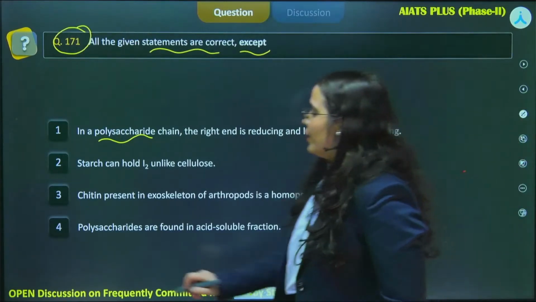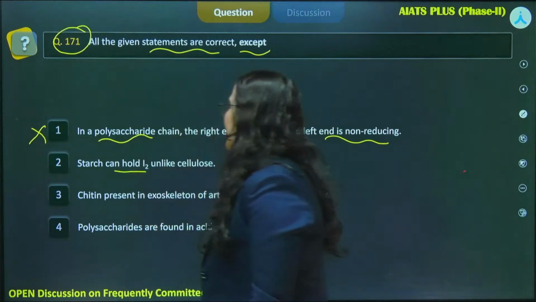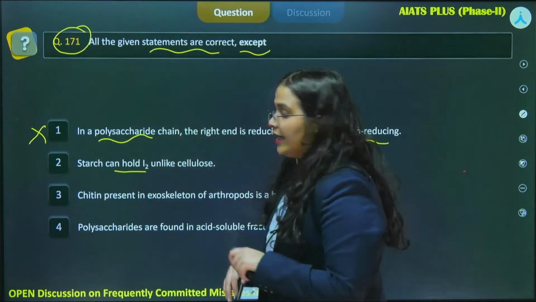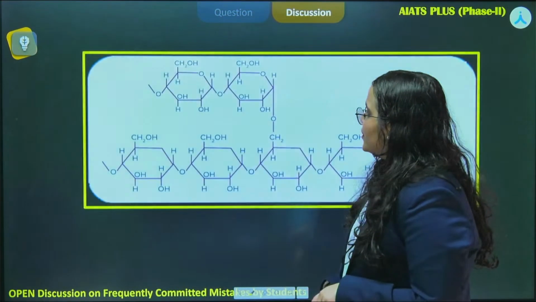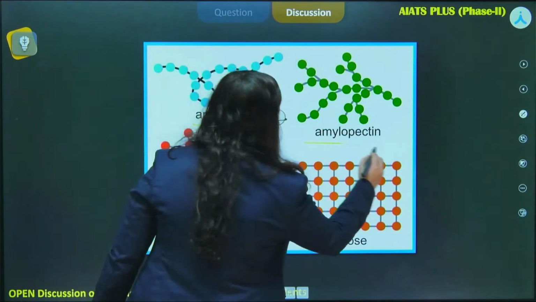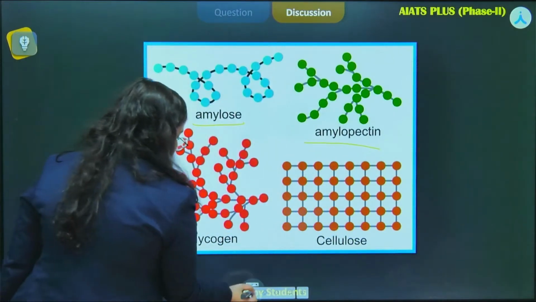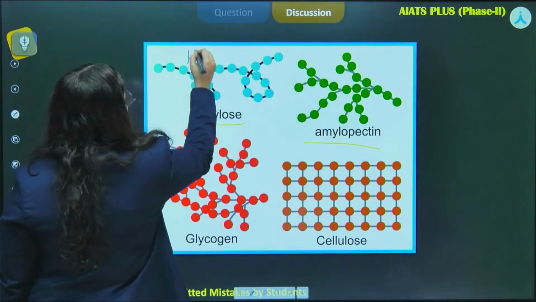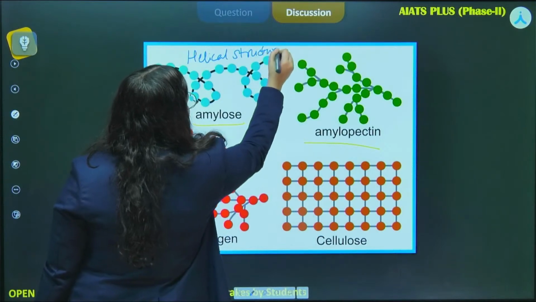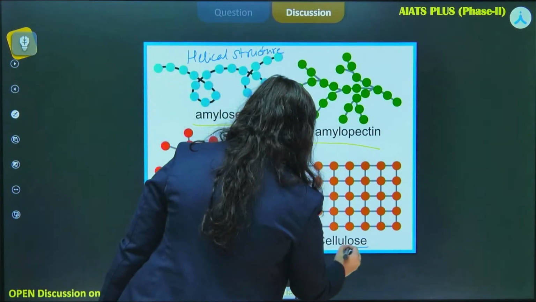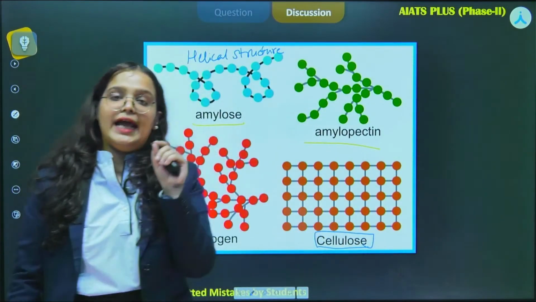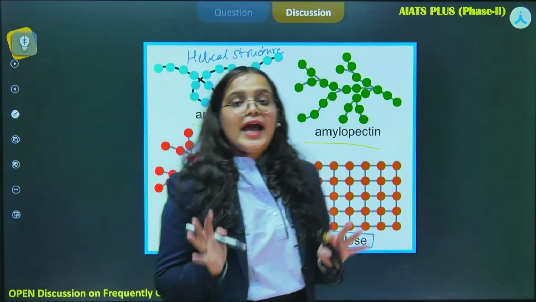Now moving on to our option 2, which states starch can hold I2 unlike cellulose. So when we talk about the structure of starch, we say that it is made up of amylose and amylopectin, where amylose has a helical structure, whereas the structure of cellulose is simple, with no helices, while in starch, helices are present.